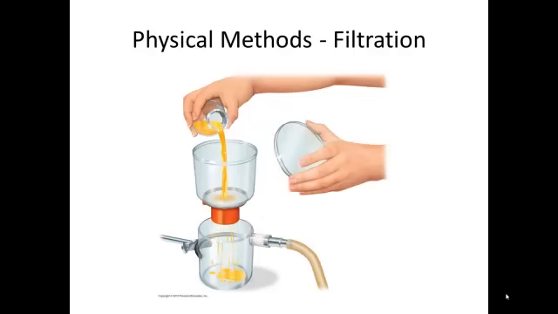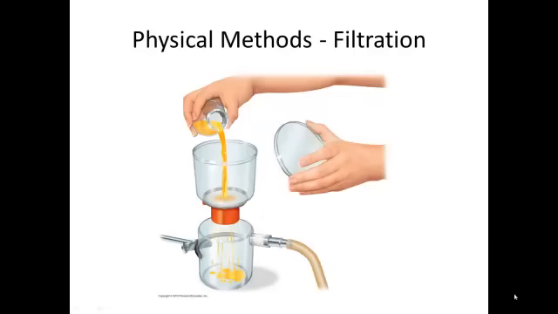This way we're removing them because we don't want them in either the fluid or the gas. Now, we talk about sterilizing fluids or gases with filtration, but technically this isn't the case because viruses can wiggle through those filters. They're very small. So even though we talk about sterilizing with filtration, we really don't, but it's close enough.